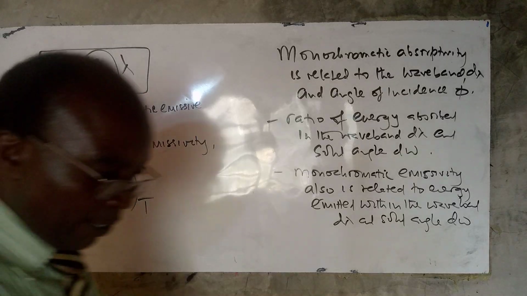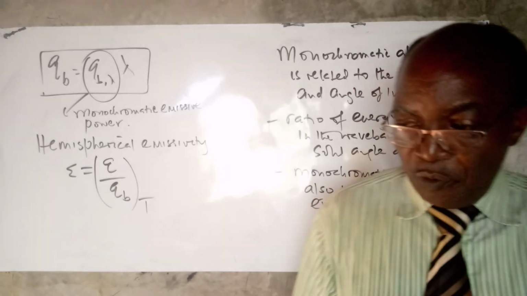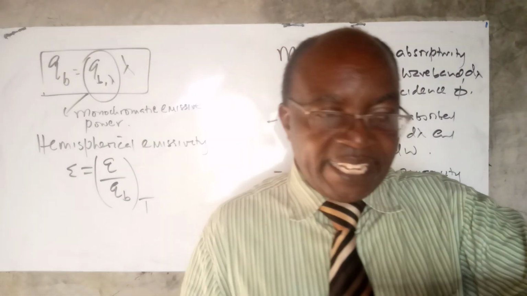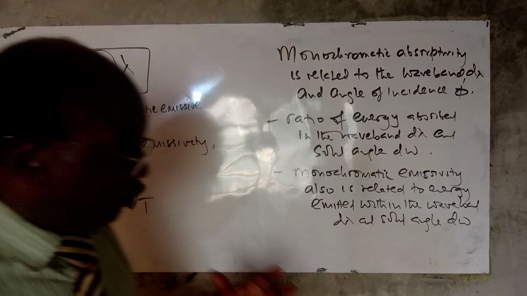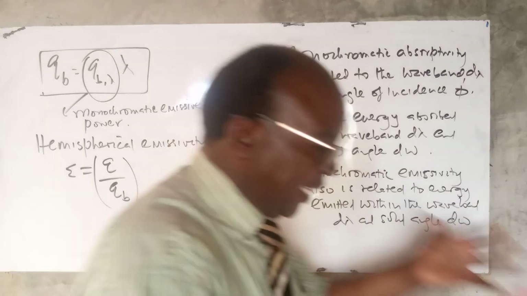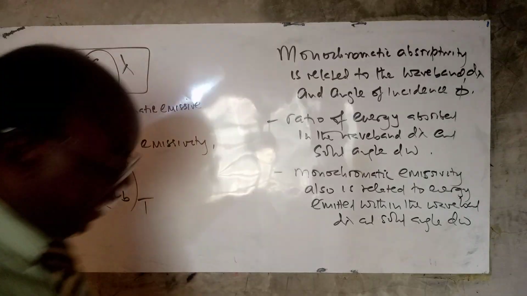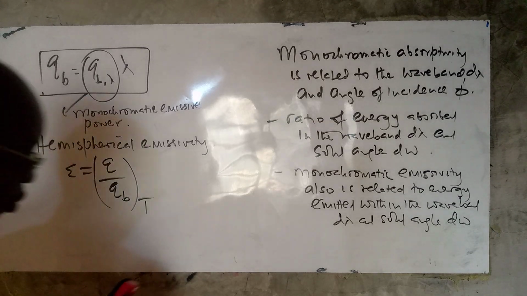Now, these are very important concepts because remember now we have put this kind of a caveat. There is this kind of a selection rule. In other words, we are talking of radiation absorbed within a certain energy band and at a certain angle of incidence. That means now we are talking about selectivity. And so, what does that mean?